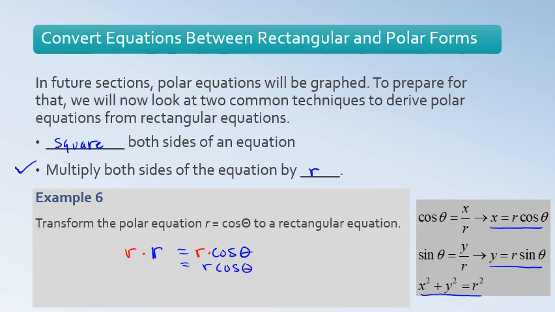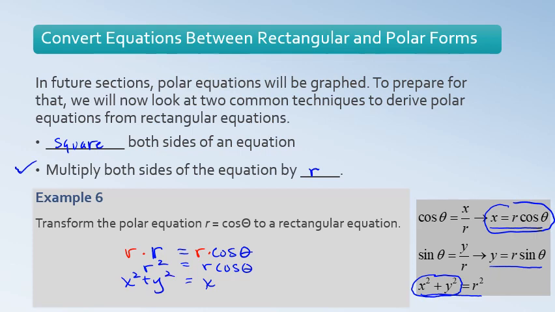In fact, if you look over to the right, you'll see that r cosine theta is equal to x. That's nice. And r times r is r squared, and what is r squared equal to? Well, again, over on the right, we saw that r squared is equal to x squared plus y squared.